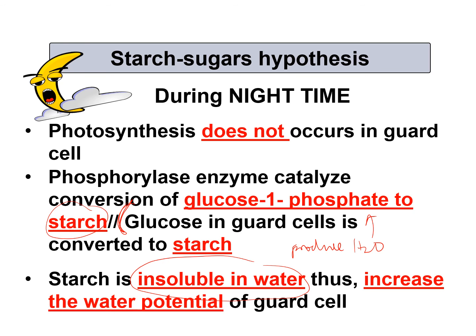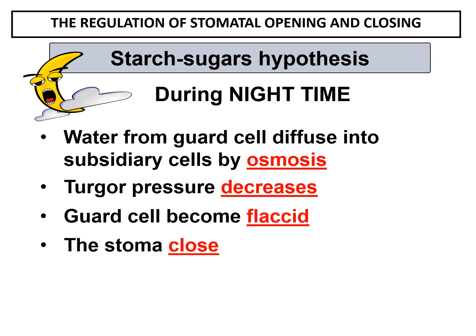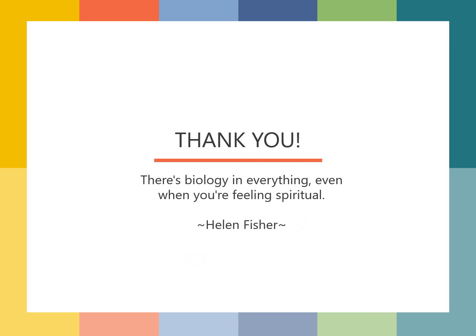So it will increase the water potential of the guard cells. So water will move from the guard cells to the subsidiary cells by osmosis, decreasing the turgor pressure of the guard cells. Then the guard cell becomes flaccid. So the stoma will close.